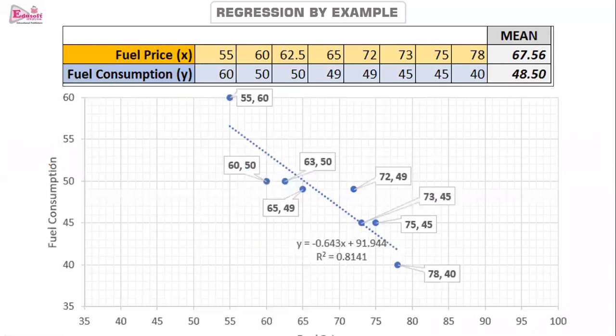Let us see how. If I know Excel and I put the figures into a scatter plot chart, the chart will look like this. All the figures are plotted on the chart, and then a straight line is drawn across the data points.